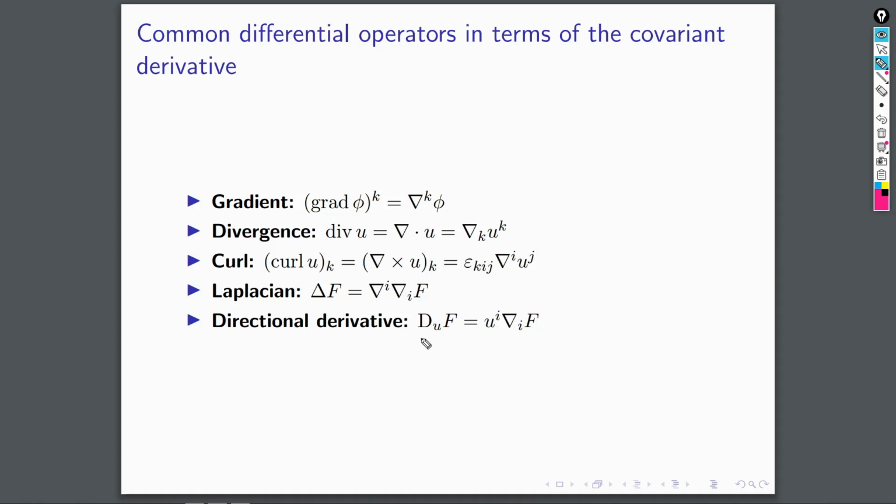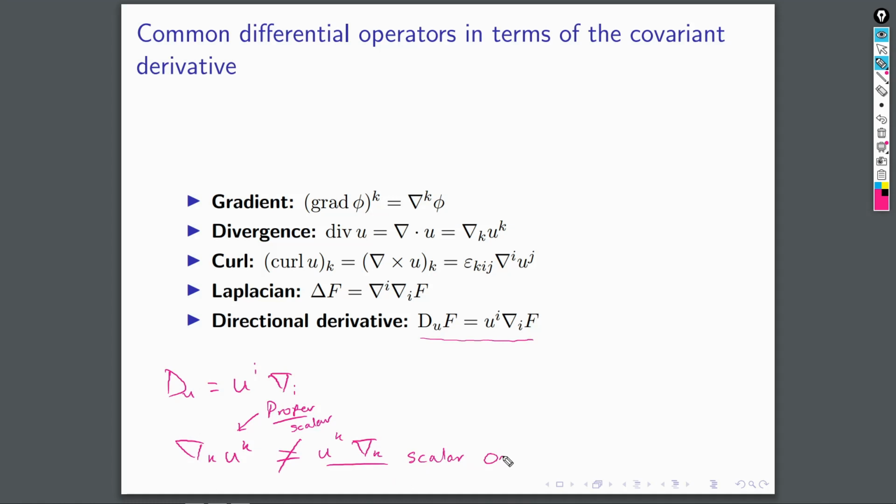And then finally, we can make directional derivatives. So this d_u is equal to u^i del_i. This is important: del_k u^k is not the same as u^k del_k, because this thing is a proper scalar, whereas this thing is a scalar operator.